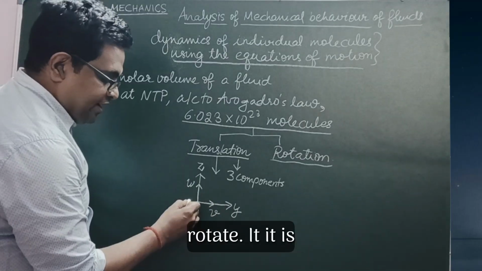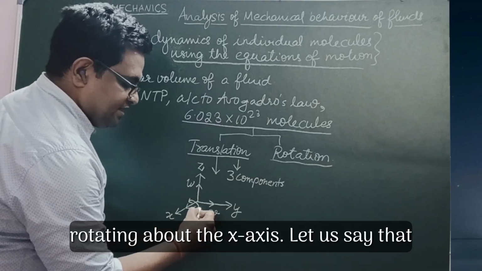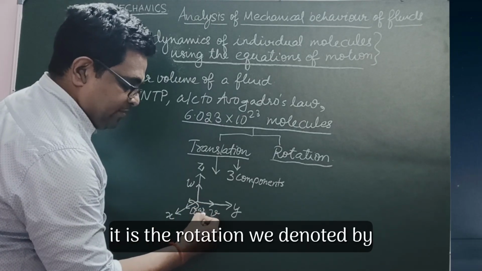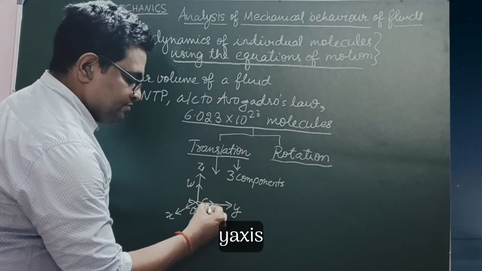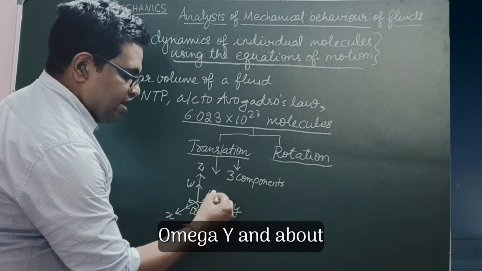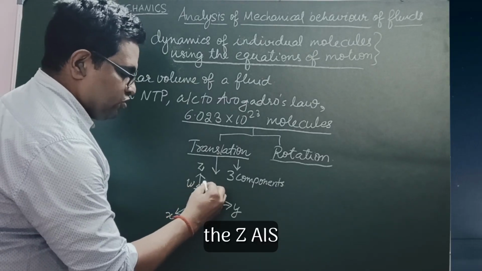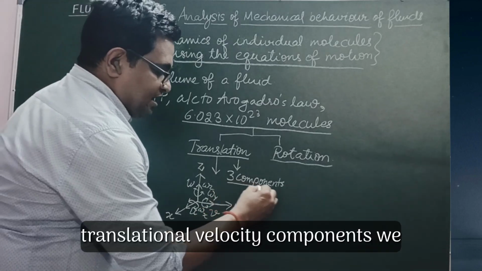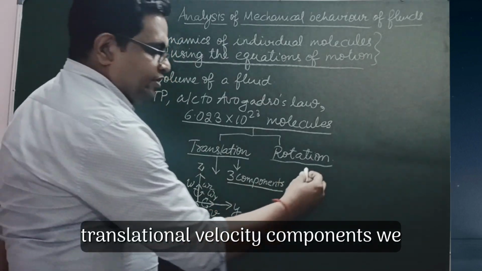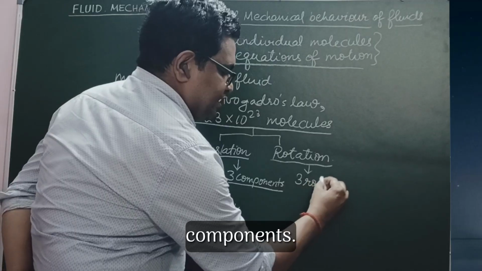It is rotating about the x-axis, let us say the rotation be denoted by omega x, about the y-axis omega y, and about the z-axis omega z. So along with the three translational velocity components, we have three rotational components.